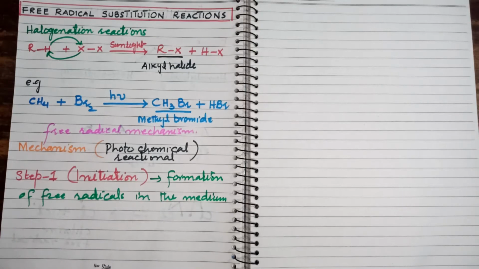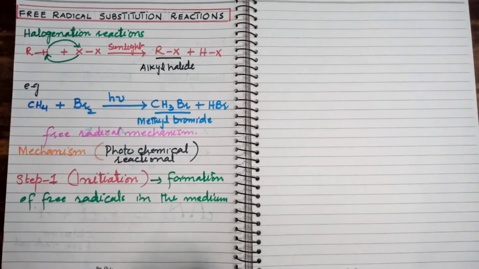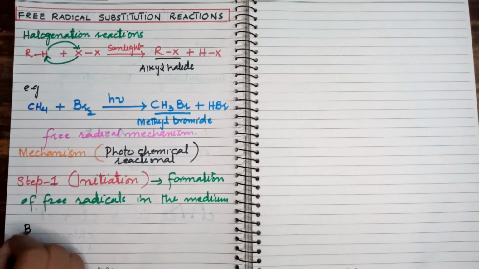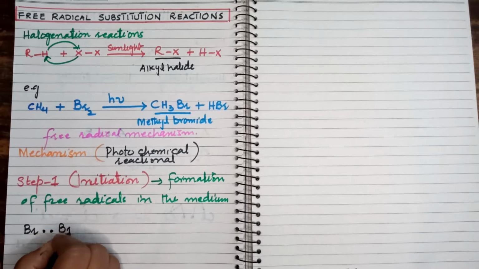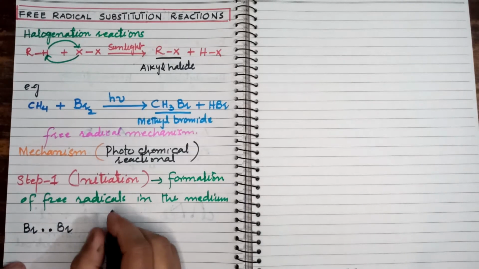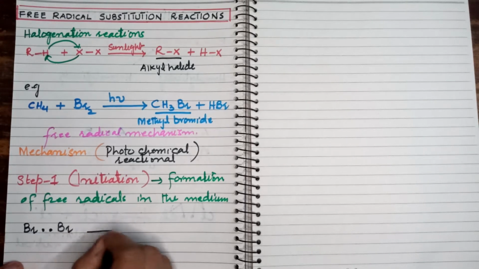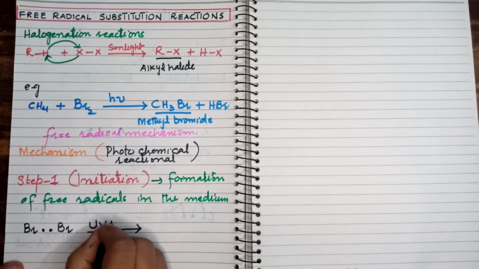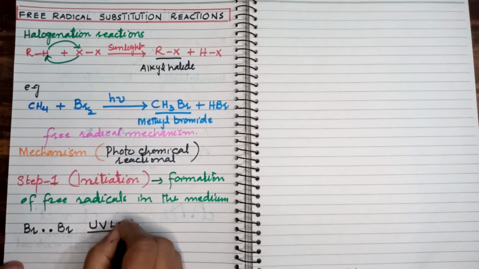For example, we have a bromine molecule, Br2, right students? We have a single covalent bond in the bromine molecule. Now, in the presence of heat or sunlight or ultraviolet light, what will happen?